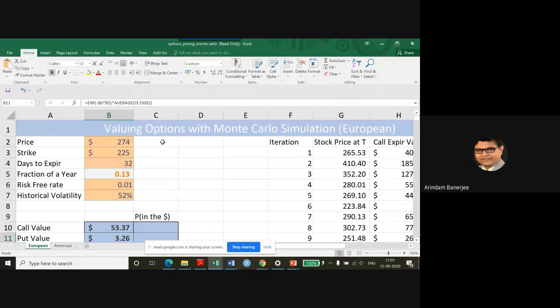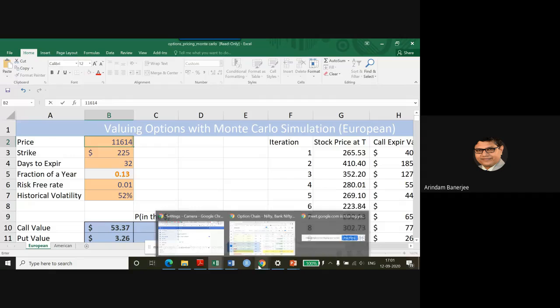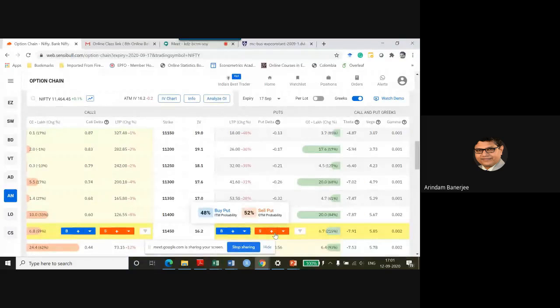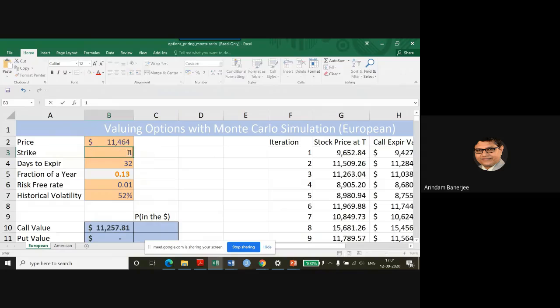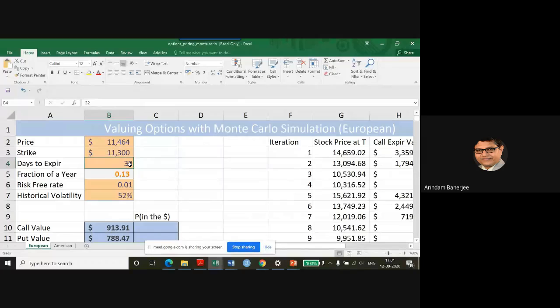So in our example, the price of Nifty was 11464. And the strike we have taken is 11300. Days to expiry is 4.